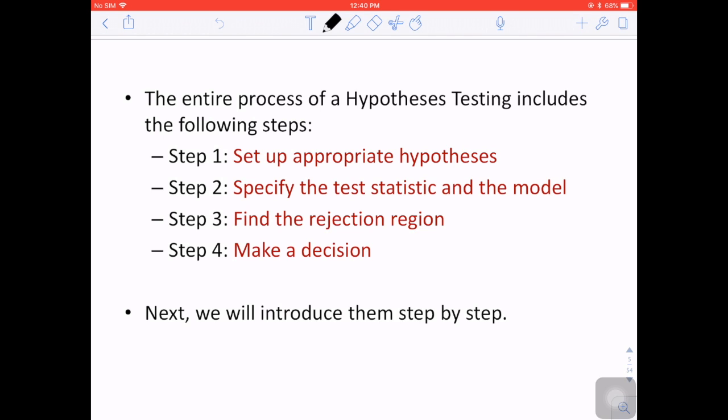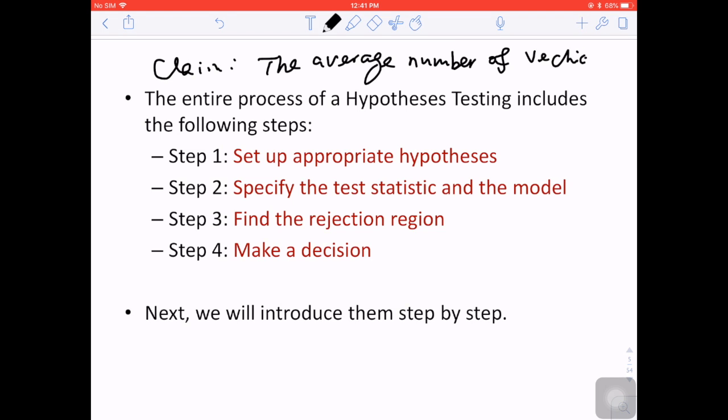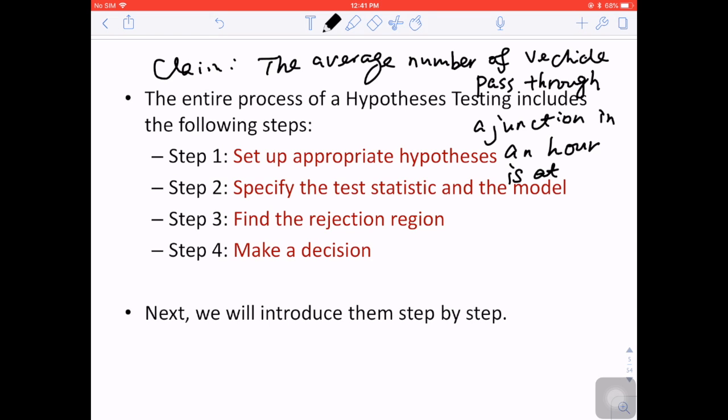For example, my claim is the average number of vehicles pass through a junction in an hour is at least 45.